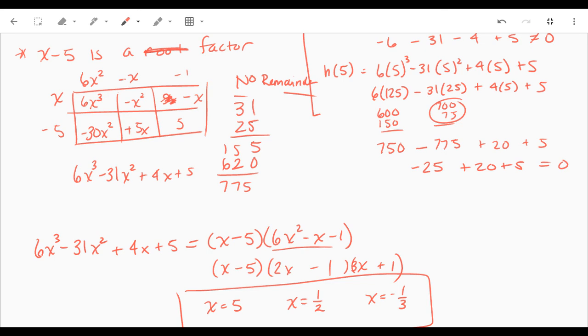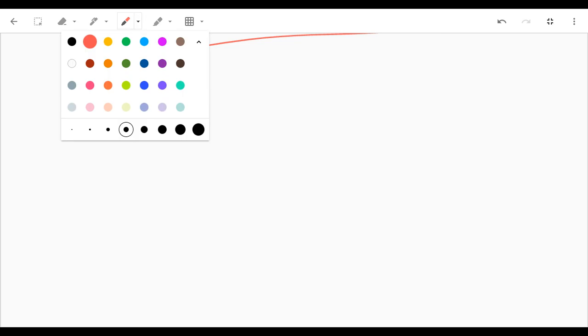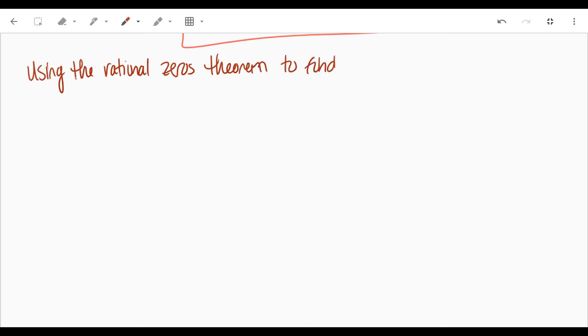The next one is when we have irrational zeros. Okay, so we are going to do, again, using the rational zeros theorem to find all zeros of a polynomial when we have irrational zeros.